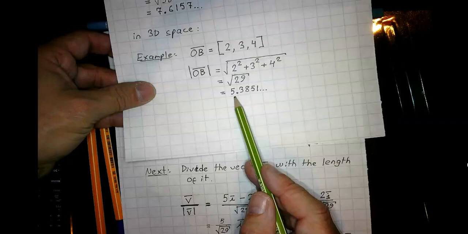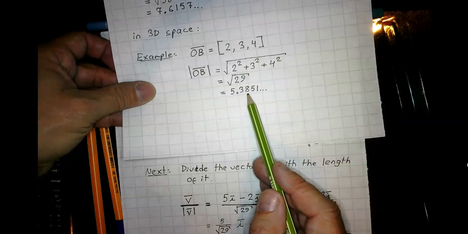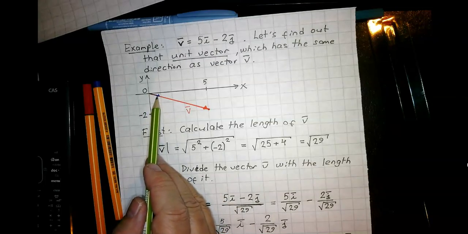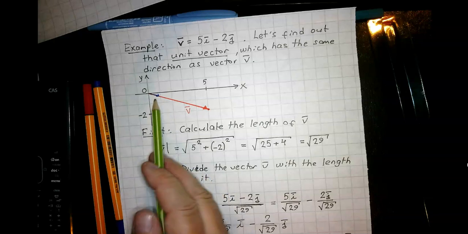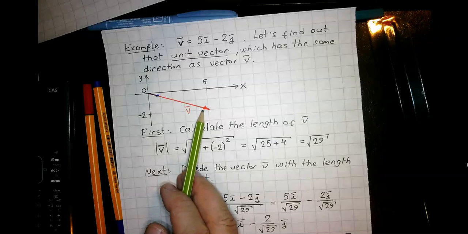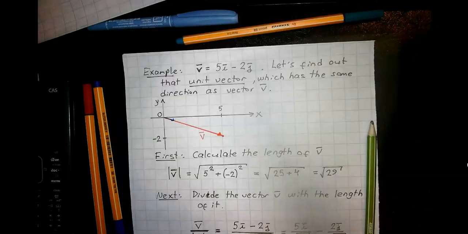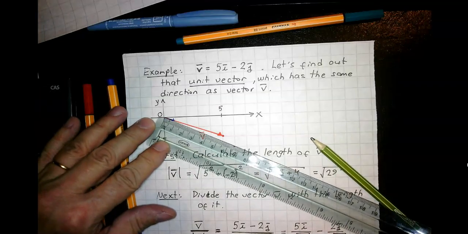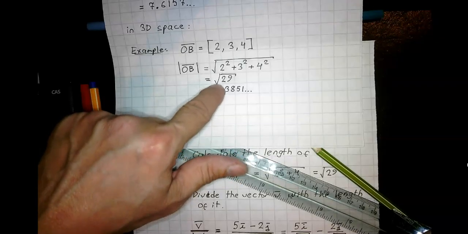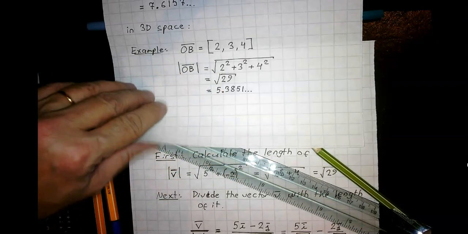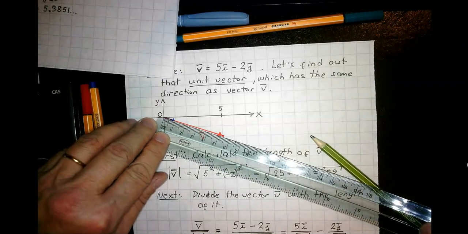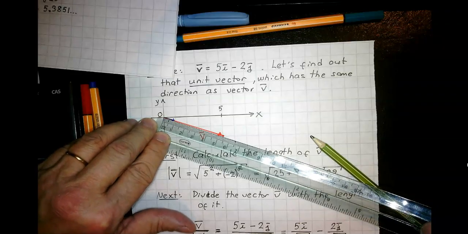The length of the vector v is 5.38 units, and if we take this vector and add 5.38 unit vectors, we will end up getting the vector v. The length of this vector is this, as we calculated. This was just a coincidence. We had the same value there in a different example, but the length of this vector is 5.38, 5.4 from the figure we may guess.